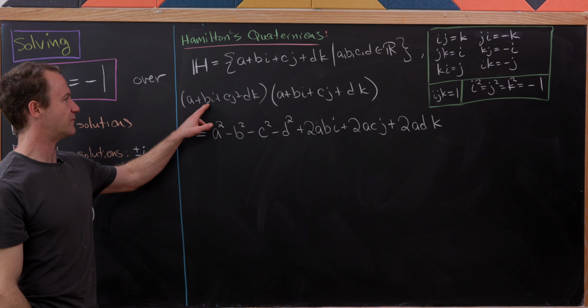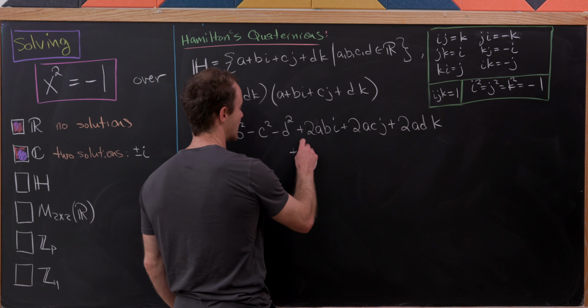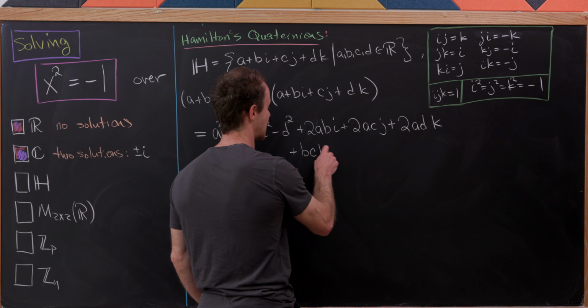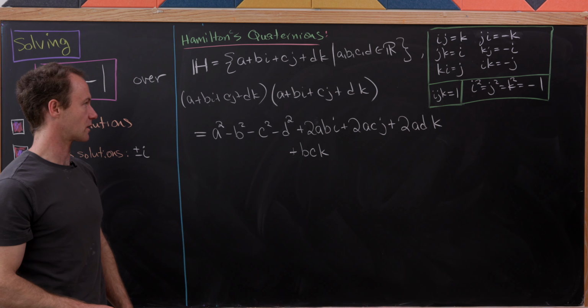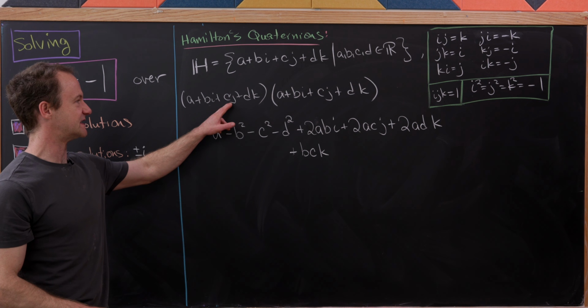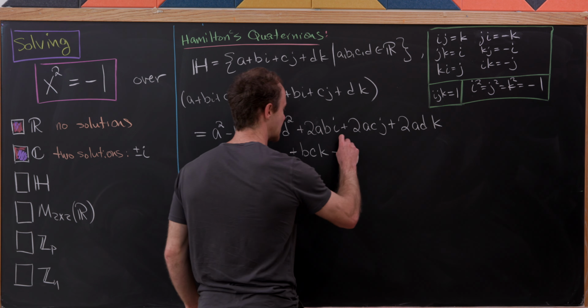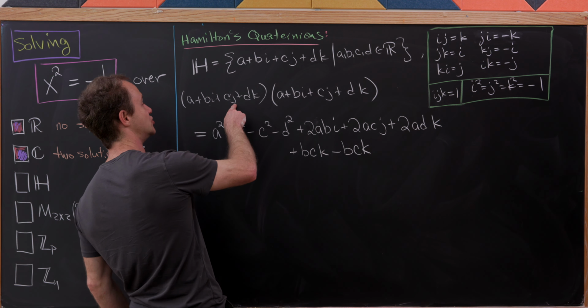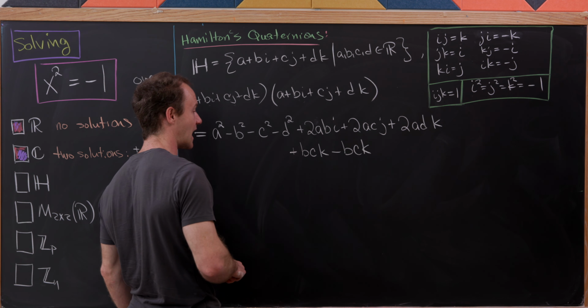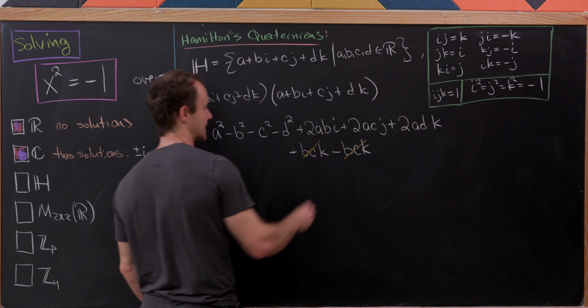We'll have bi times cj, so that'll give us plus bc times k, because we have i times j in that order. But then we'll also have cj times bi, that'll give us negative bc times k, because that gives us j times i in the opposite order. Check it out, these two will cancel.